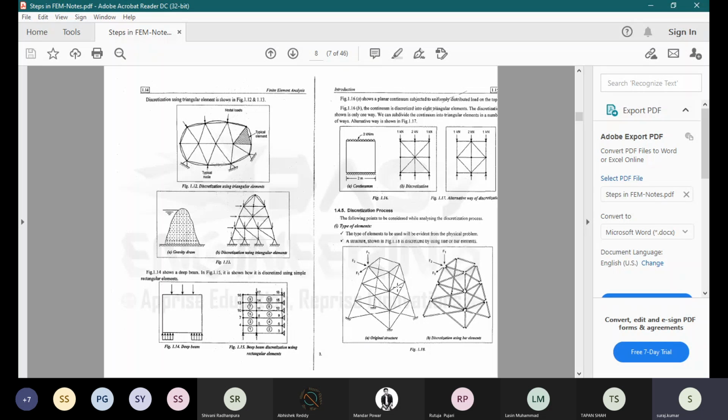It may happen that different types of elements are used for discretization, or you may say there are multiple ways with which we can represent the structure.